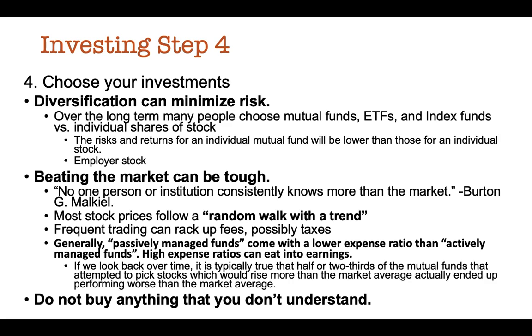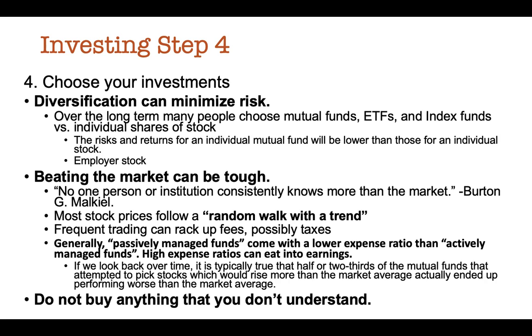First is that diversification is a good way to minimize risk. Now, there are many different ways to diversify, but generally speaking, many people will choose to invest their money in, say, a mutual fund, an ETF, or an index fund versus individual shares of stock because it minimizes risk. It doesn't put all their money based off of the fate of one company.